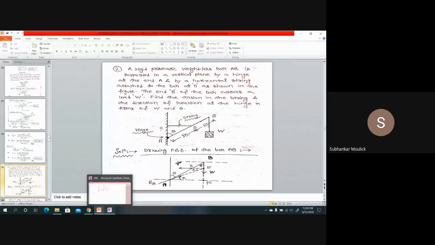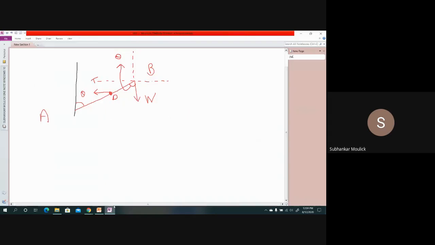Fine. Next, see, this bar is connected with this wall at point A through a hinge. That means you have to give a reaction to this bar through point A in such a way that the entire body should be in equilibrium. If the entire body is in equilibrium, then you have to draw the free body diagram in such a way that the line of action of all the forces should pass through a common point. Let us draw. If I extend the tension T backward, this is the line of action.